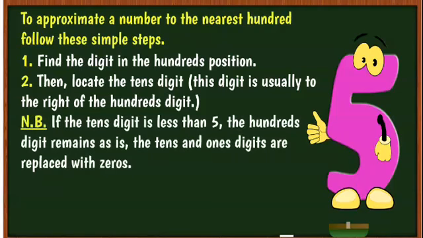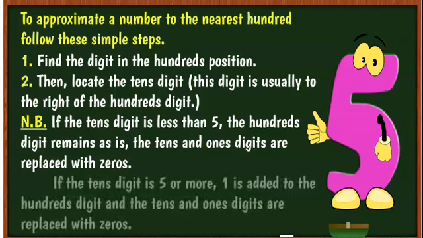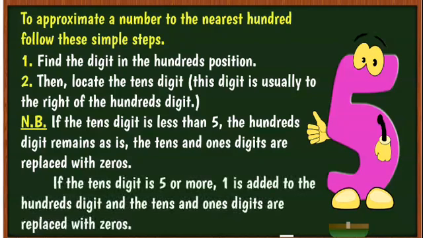And note, if the tens digit is less than 5, the hundreds digit remains as is, and the tens and ones digits are replaced with zeros. And if the tens digit is 5 or more, 1 is added to the hundreds digit, and the tens and ones digits again are replaced with zeros.